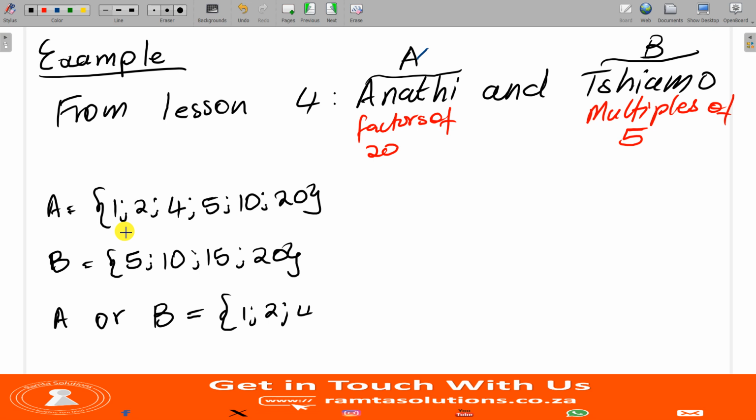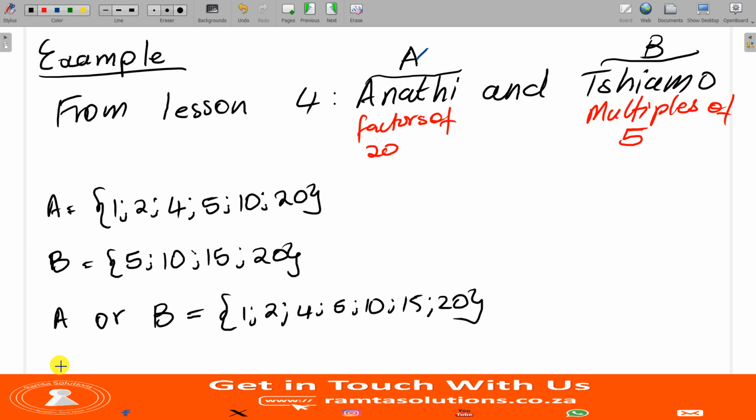When we use or, which is a union, it must contain all the elements that are in the two sets. So they are 1, 2, 4, 5, 10, 15, and lastly 20.